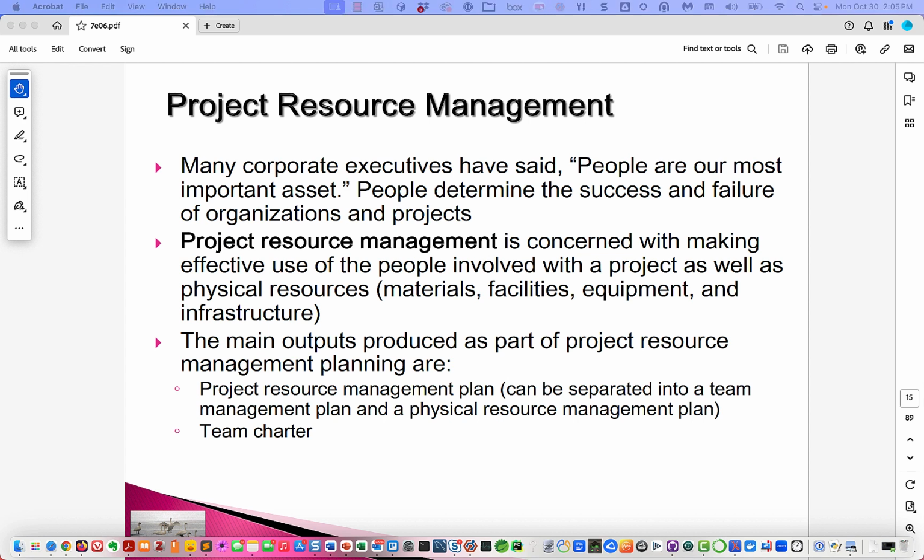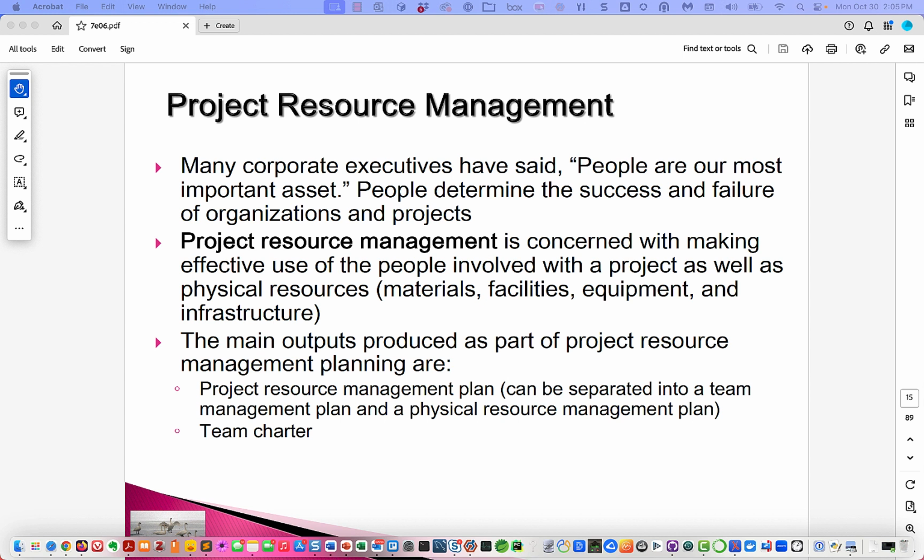A lot of people say that people are the most important thing in their business. Whether they act like that or not, I'm not sure, but they definitely say it. And project resource management, as understood as part of the PMI curriculum, is concerned with making effective use of the people involved with the project as well as the physical resources, materials, facilities, equipment, infrastructure.